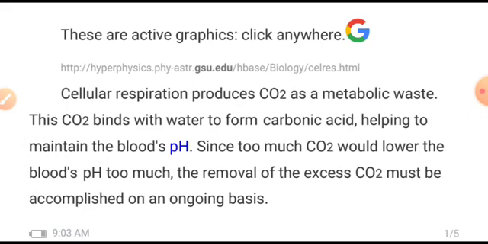So it can be produced in a minimal or normal way, such that if it becomes too much, it lowers the blood pH, and the removal of that excess carbon dioxide must be accomplished on an ongoing basis.